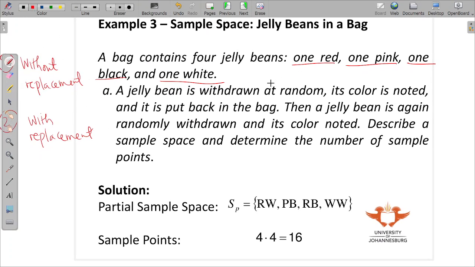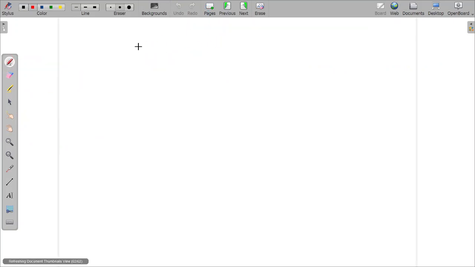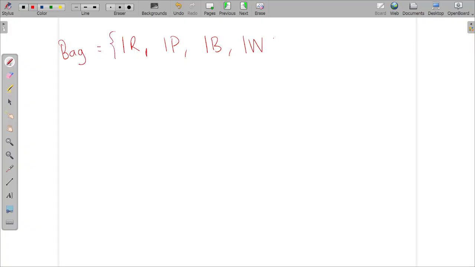Let's describe this sample space. We have 1 red, 1 pink, 1 black, and 1 white. That is our bag. The bag contains these.